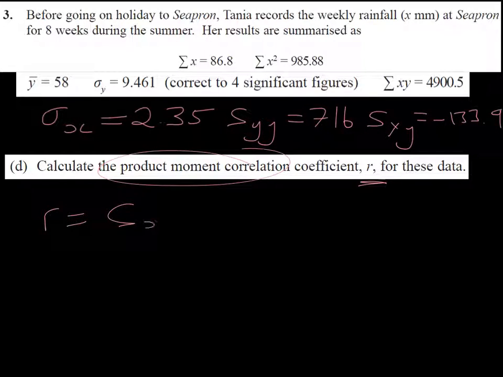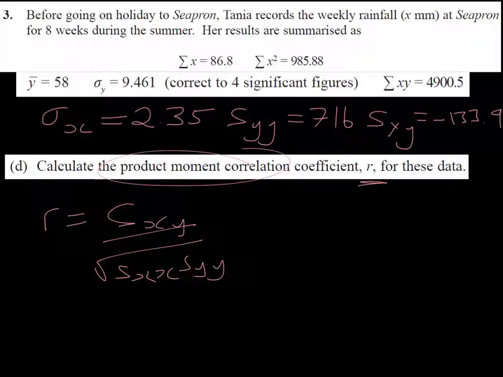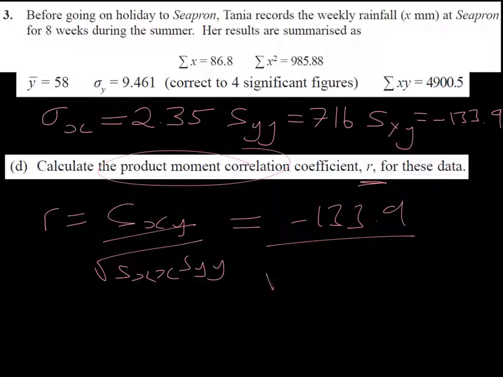So this is going to be Sxy over the square root of Sxx Syy. Now, some of this we can put in straight away. So we found previously that the covariance was going to be negative 133.9. And then we want to divide by the square root of Sxx.